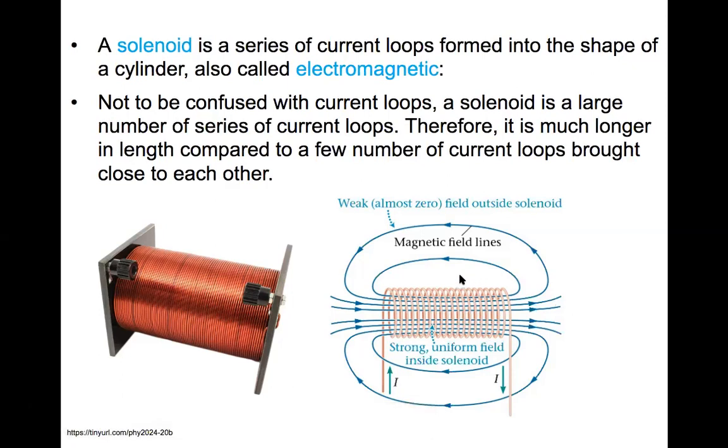Just outside the solenoid, the lines are very thin, or you have very few lines. That means the magnetic field strength just outside the solenoid is very small, and a lot of the time we can just assume it's close to zero. So it's very negligible.